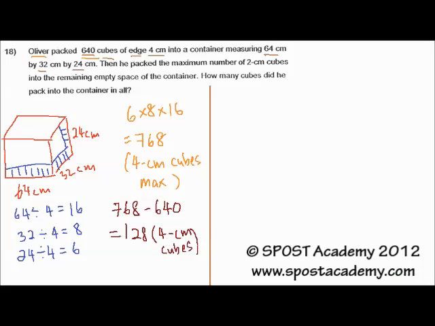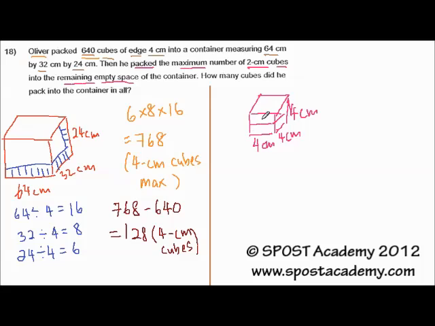Now, the question is asking us how he packed the maximum number of 2 cm cubes into the remaining empty space. So if you look at the 4 cm cube, let's draw it like that. If this is a 4 cm by 4 cm by 4 cm cube, I can cut it further.